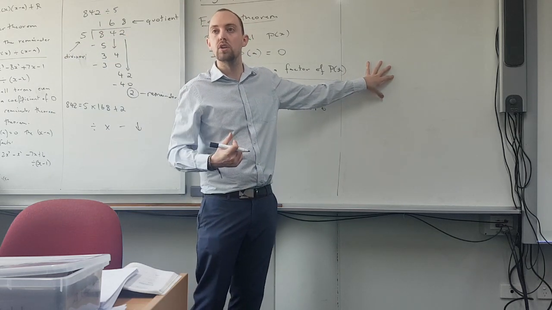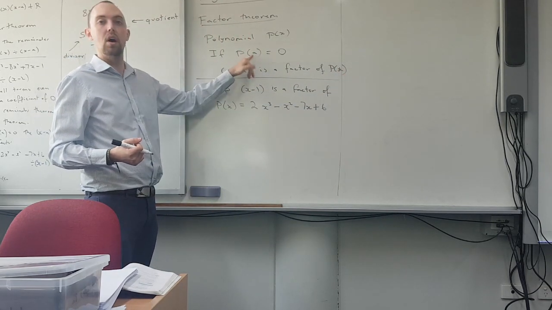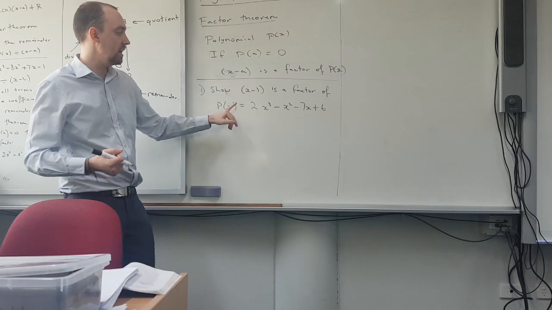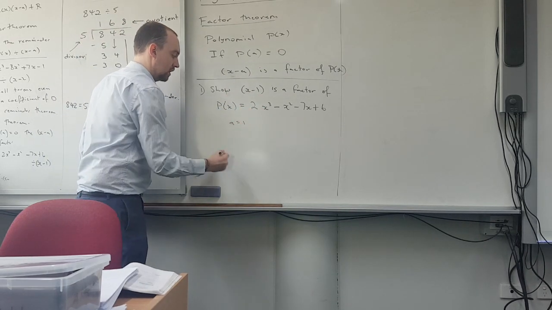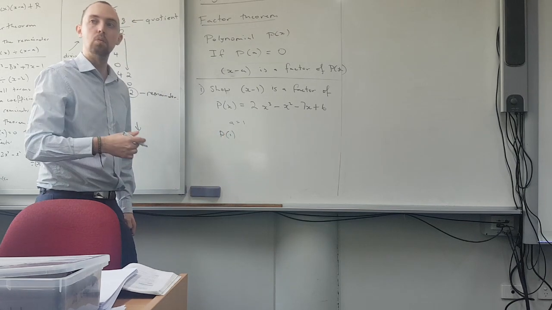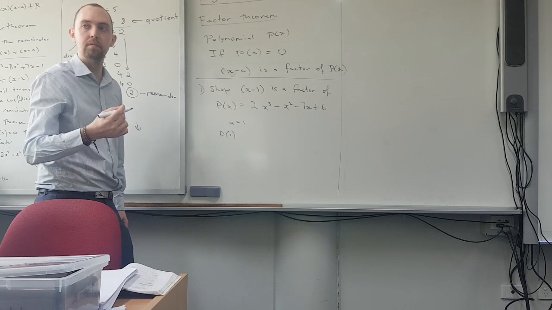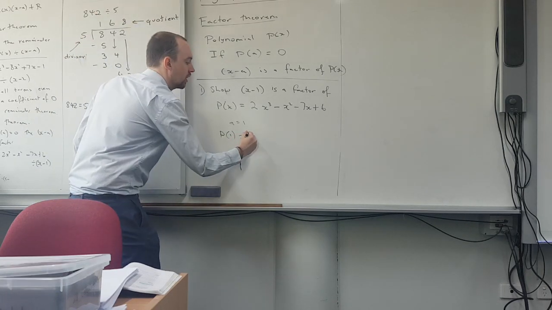But a quicker way to show that it's a factor is to substitute p of a. What is a equal to here? a is equal to 1, so if I do p of 1, what are we expecting to see? We should expect 0. If it's a factor, then it should be 0.